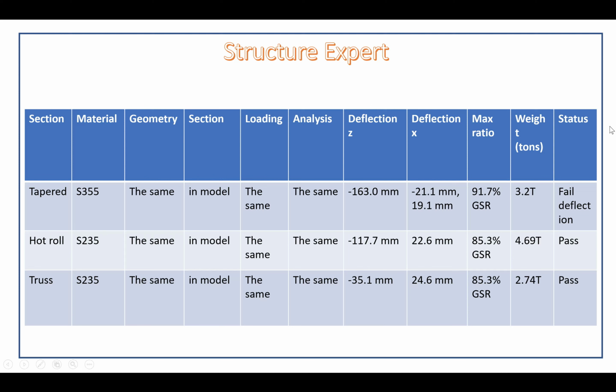If you don't care about deflection, you can use taper and get the lowest unit weight, around 4.2, compared with hot glue section. Okay, thank you.